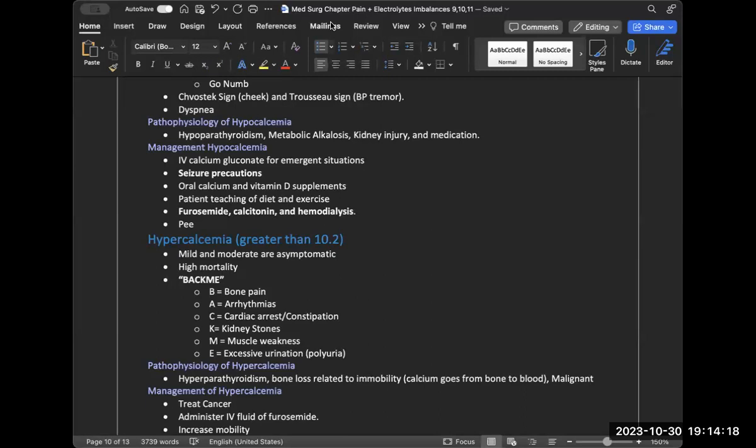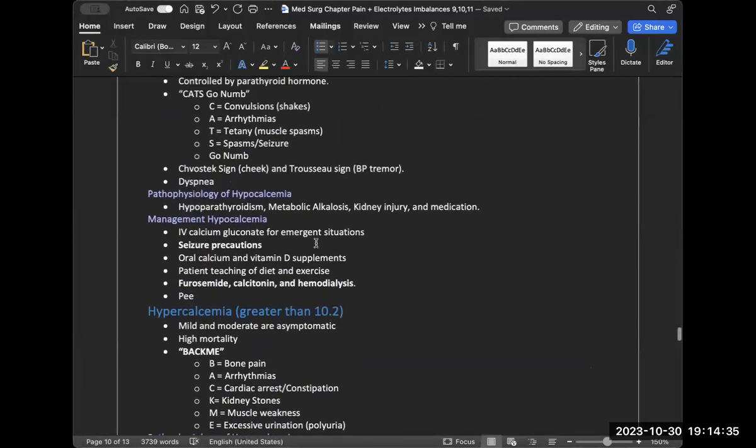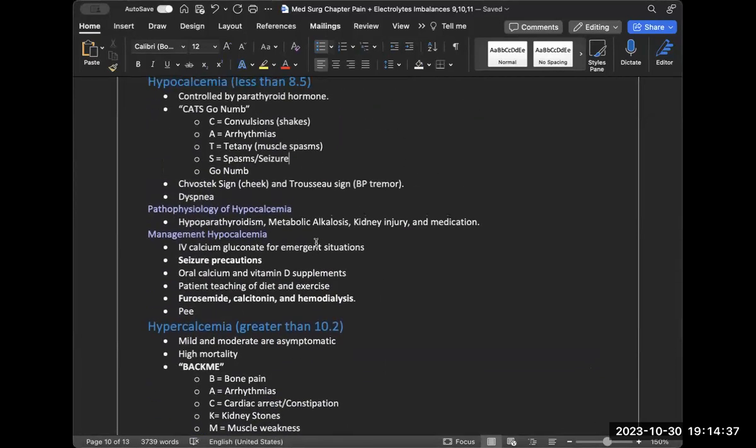Okay, that's our priority, to replenish those calcium values and get it back up to normal. Now, I just want to go back to this idea with the parathyroid hormone, okay? Because like I said, it goes back with calcium. So remember, when calcium's low, the parathyroid hormone is low. And please remember, CATS go numb for the symptoms.